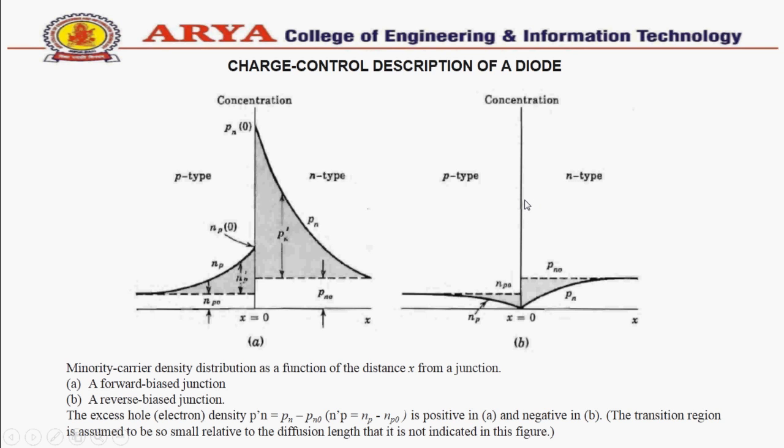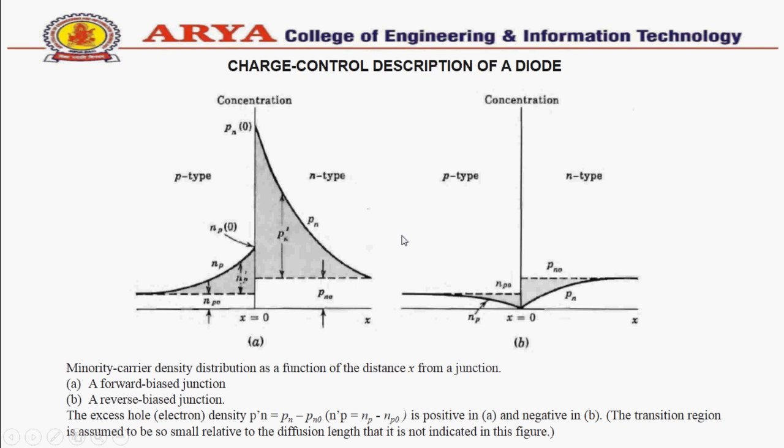The excess hole density p'_n equals p_n minus p_n0, or n'_p equals n_p minus n_p0, is positive in A and negative in B. The transition region is assumed to be so small relative to the diffusion length that it is not indicated in this figure.